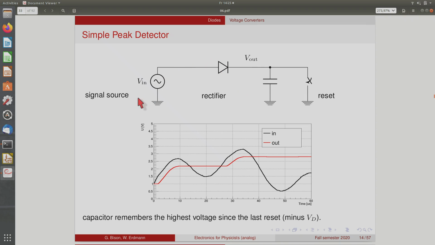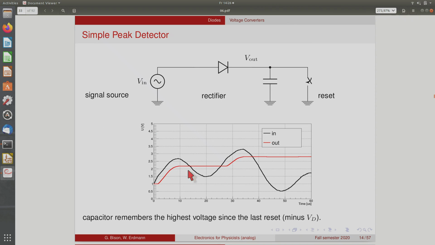So this capacitor follows the input signal up to the point where the input signal falls below the voltage in the capacitor. So when the input signal goes below the voltage in the capacitor, then this switch basically opens, and in this way you only keep the highest value that ever occurred.